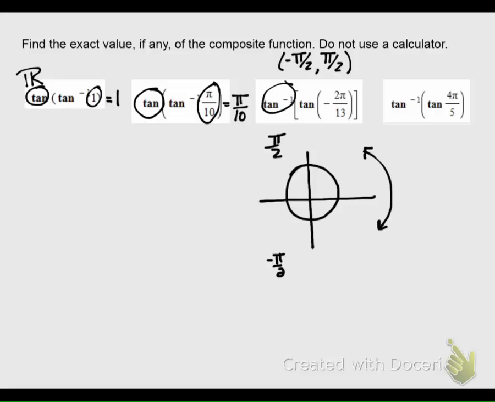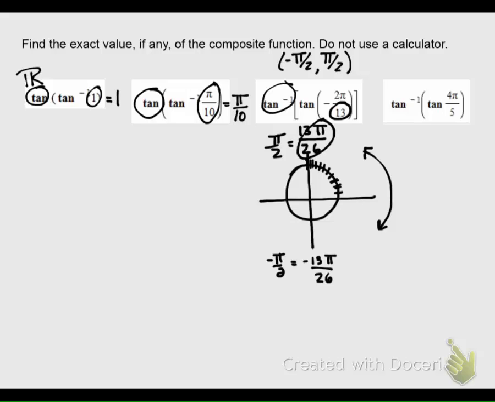The denominator here is 13, so I'm going to switch to a common denominator of 26. So it takes 12 tick marks in the quadrant, but you can't hardly draw, and then the 13th one is right there. So it takes 13 of the pi over 26 tick marks to hit this spot.